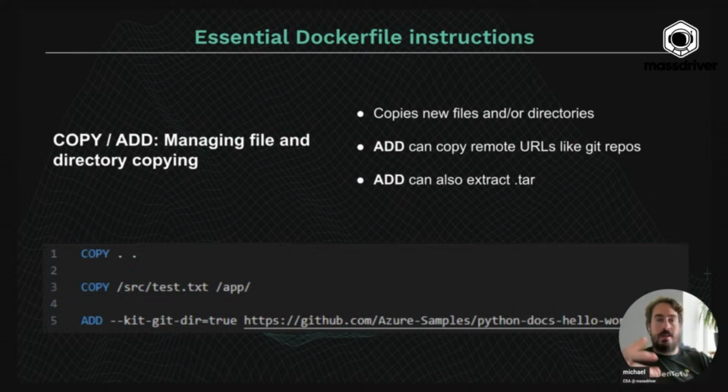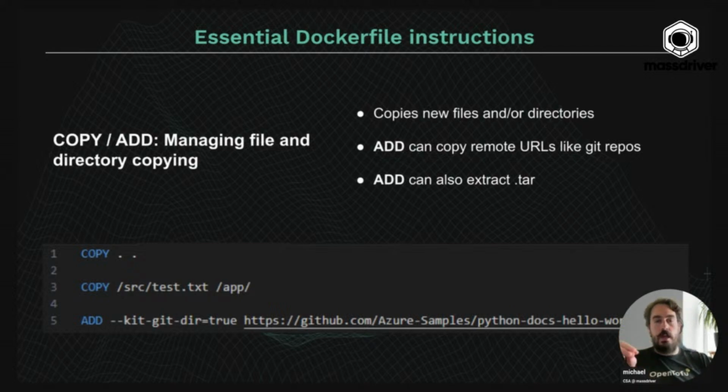Line 1, COPY . ., copies everything in the source local directory into the root directory of the container. Line 3 creates a new app directory in the container and then copies the test.txt file from the local source directory into the new app directory.